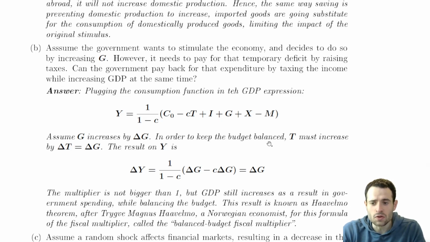Interest rate is going to affect investment most likely. When interest rates are low, households might be more interested in buying a house, or firms might be more interested in increasing the scale of their production by investing in production capacities.